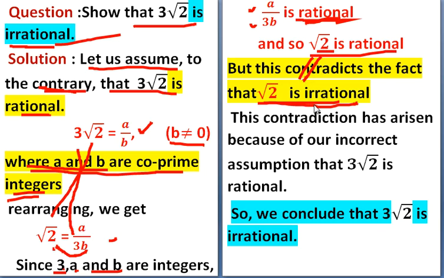Because before this question in theorem we have proved root 2 is irrational, but according to these solutions root 2 is rational.